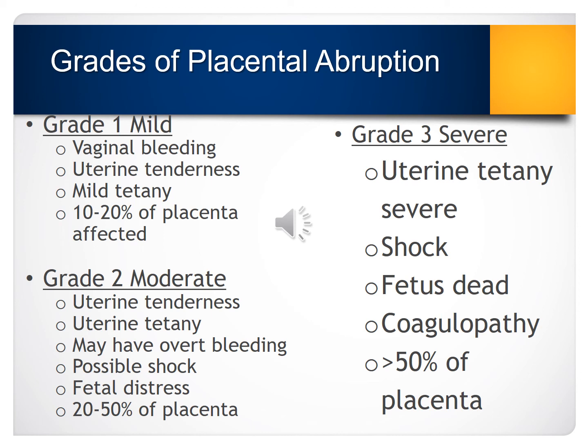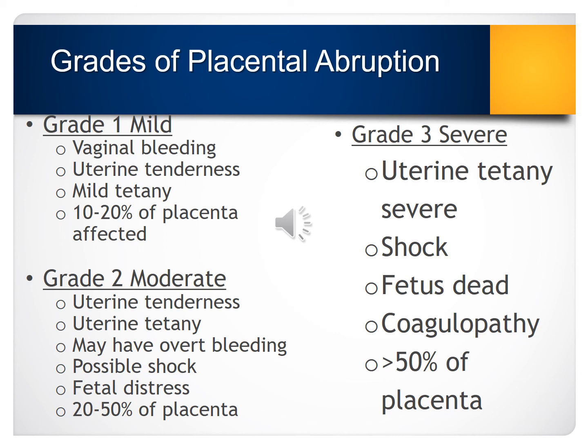And so we want to catch placental abruption early in grade 1. When we have women complaining of a sustained, painful, tight, hard uterus, we want them in to be seen ASAP.